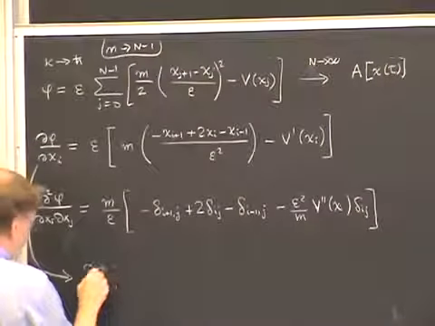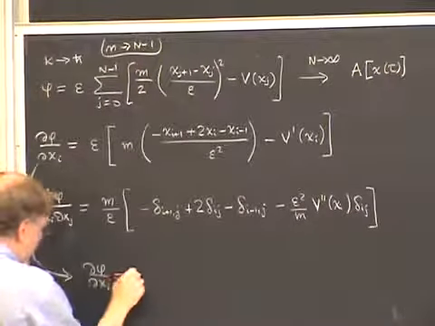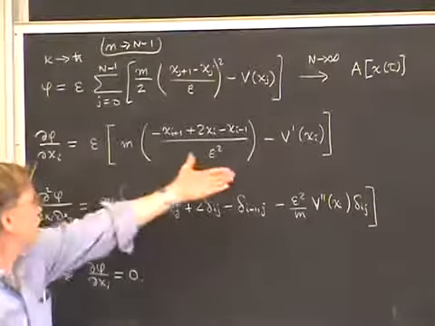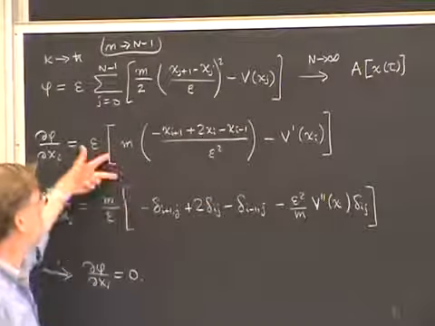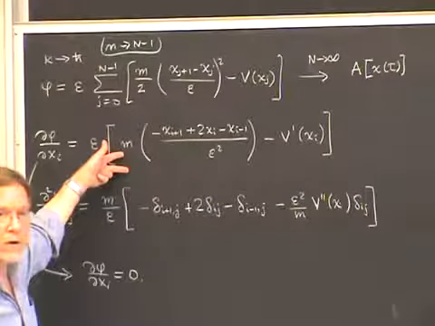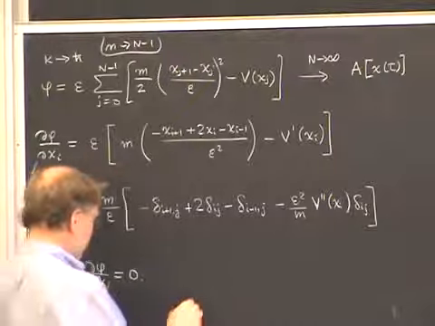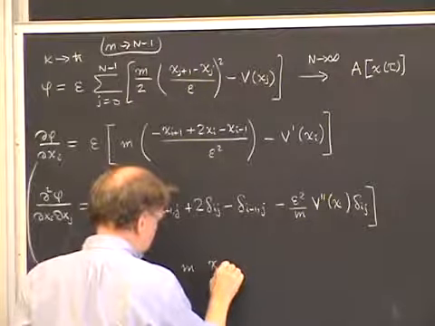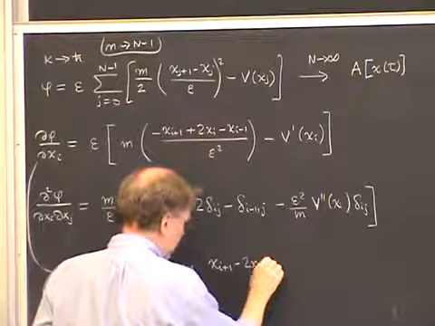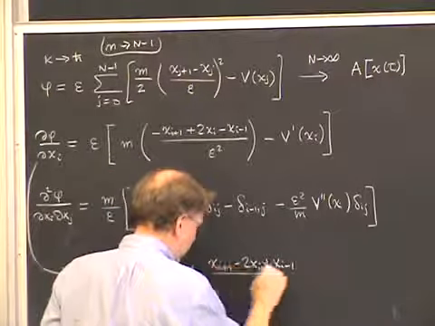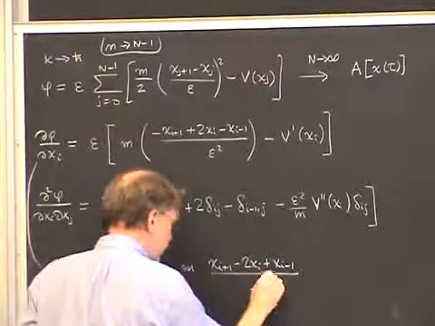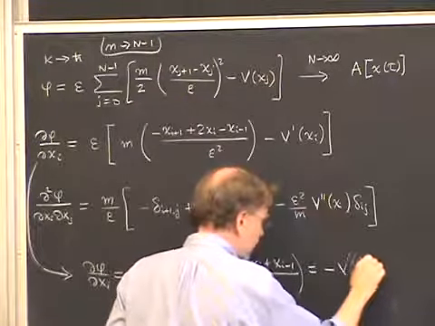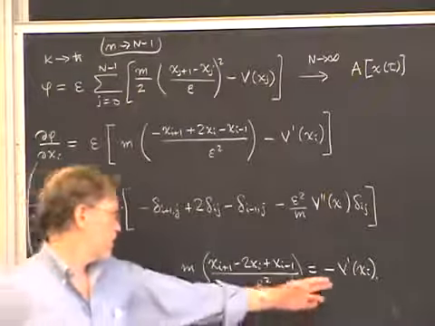So if we take partial phi with respect to xi and set it equal to 0, and I showed this last time, this means the thing in the square brackets goes to 0. This is actually a discretized version of Newton's laws. In other words, it turns into m times x_{i+1} minus twice x_i plus x_{i-1} over epsilon squared, which is a discretized version of the acceleration, equal to minus V prime of x_i, which is the force.